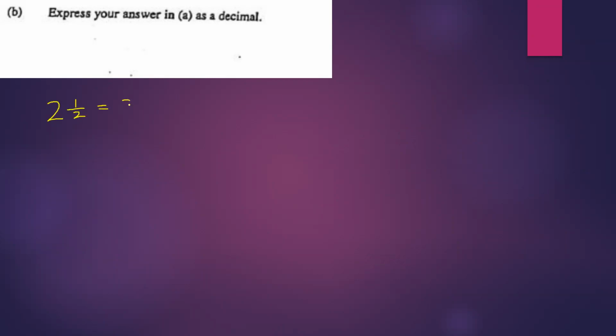It's going to be 2 plus a half. A half is this. It's going to be equal to 2 plus. What is a half as a decimal? 0.5.